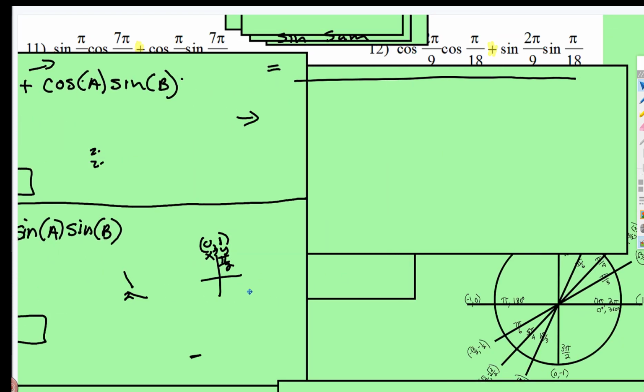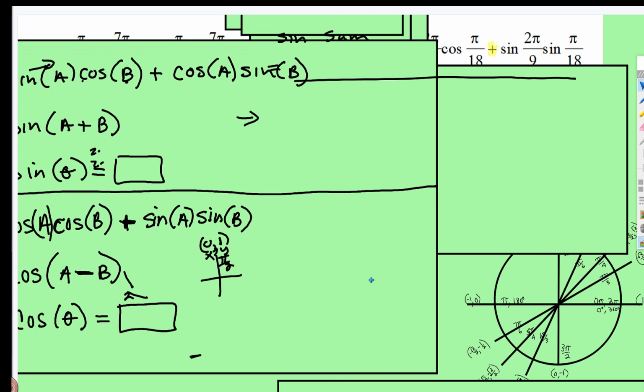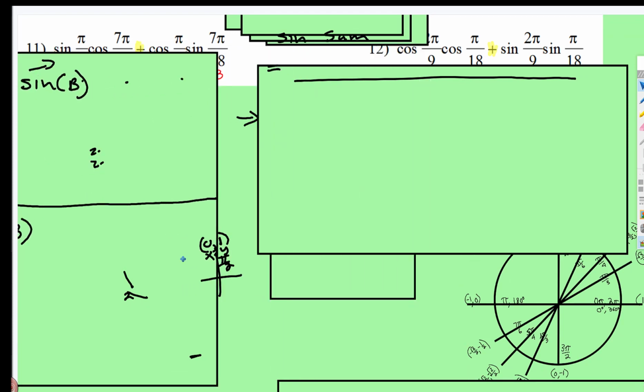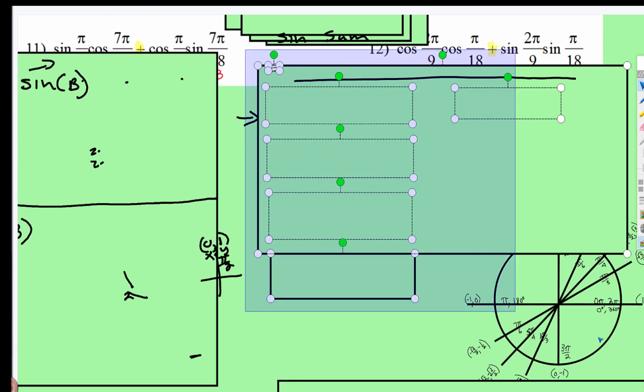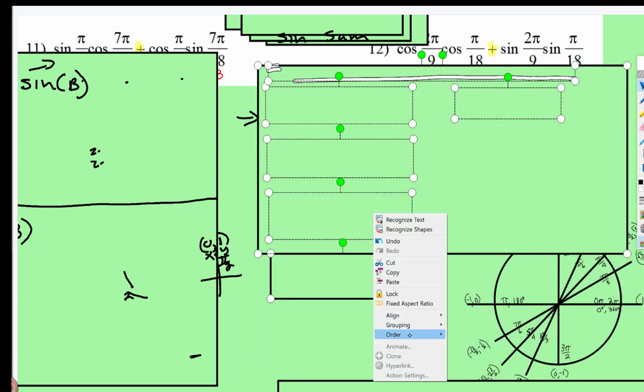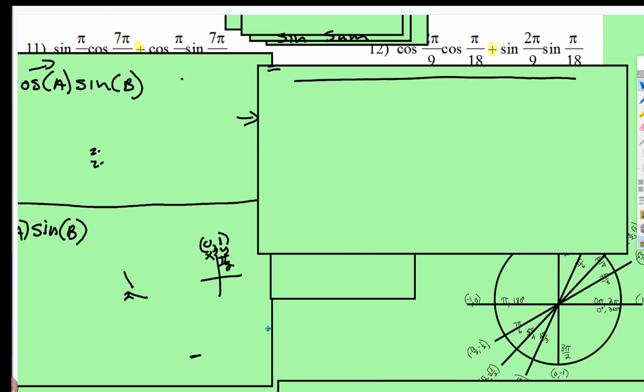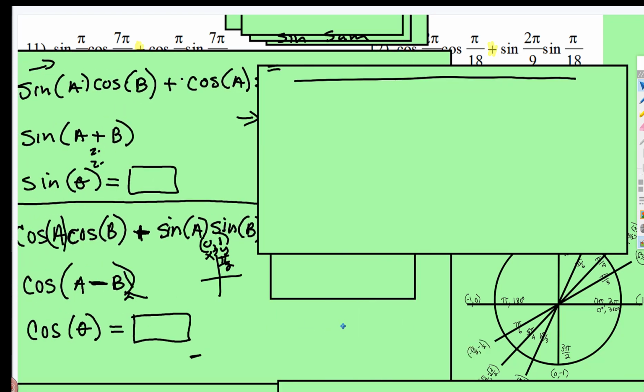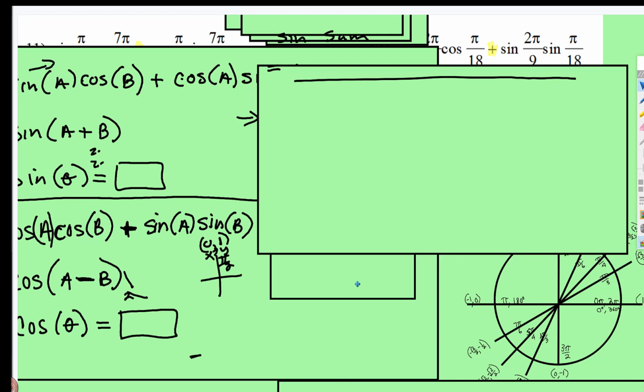So let me go ahead and bring all this stuff in front. There we go. Then I can put this stuff over here. All right.